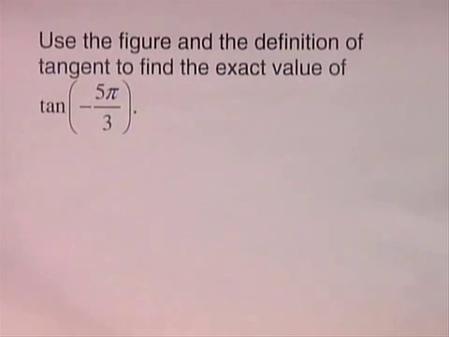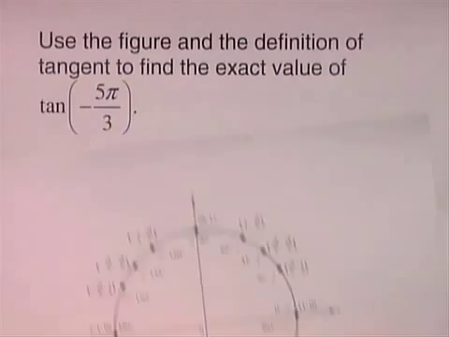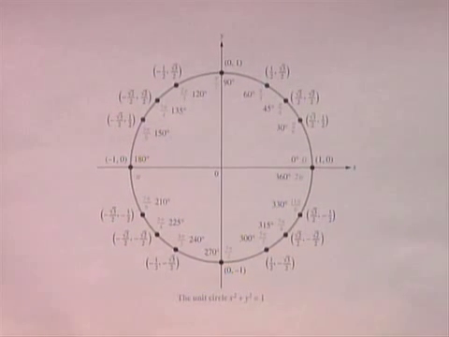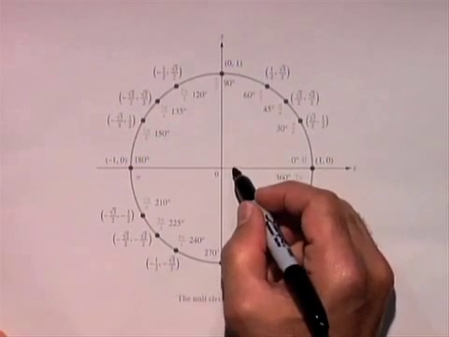Let's take a look at another evaluation. Use the figure and the definition of tangent to find the exact value of tangent of negative 5 pi over 3. So once again, here's the figure to which the problem refers. You'll find this figure in your book as well. We want to look for the angle negative 5 pi over 3.